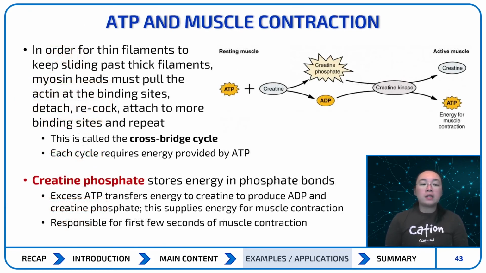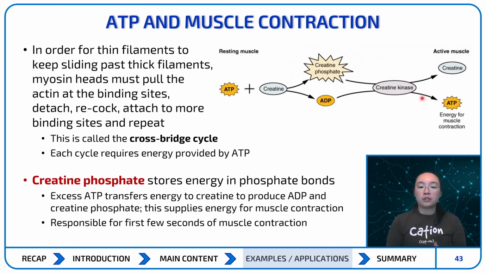Now, creatine phosphate stores energy in phosphate bonds. In a resting muscle, excess ATP transfers energy to creatine, producing ADP and creatine phosphate. This acts as an energy reserve that can be used to quickly create more ATP. So when the muscle starts to contract and needs energy, creatine phosphate transfers its phosphate back to ADP to form ATP and creatine through creatine kinase.